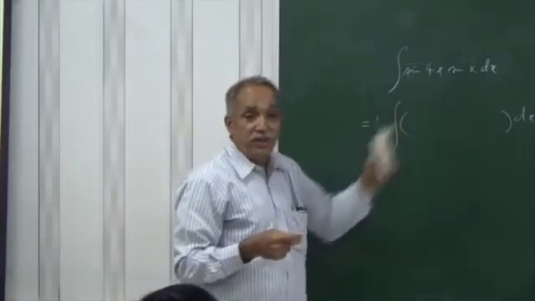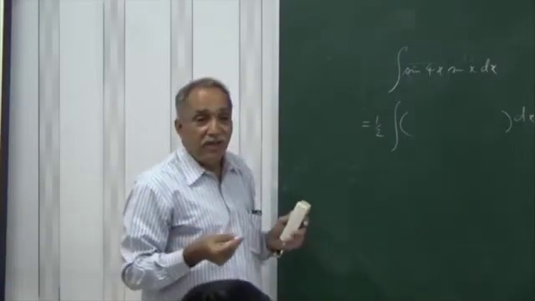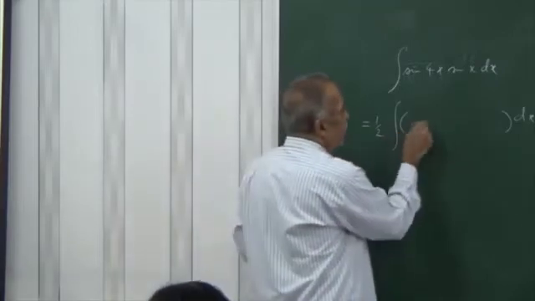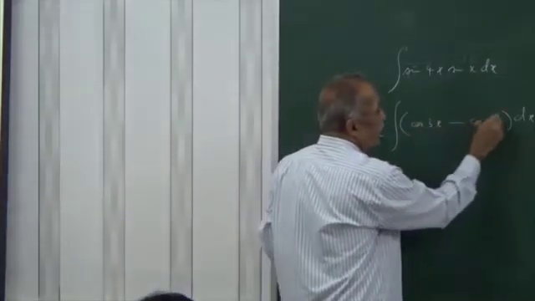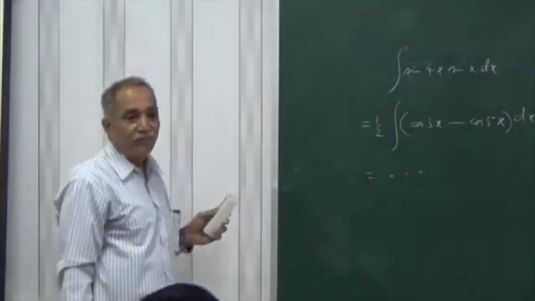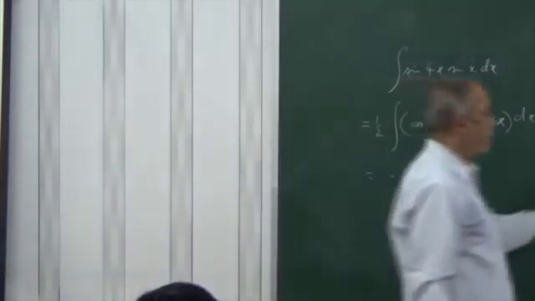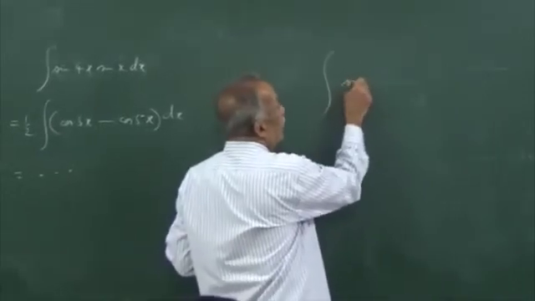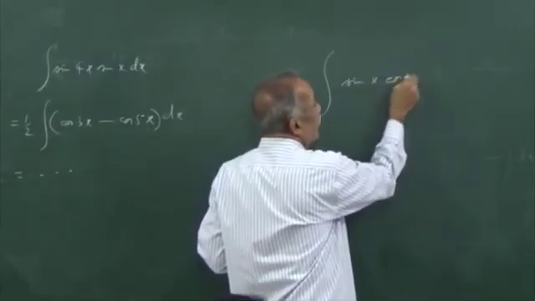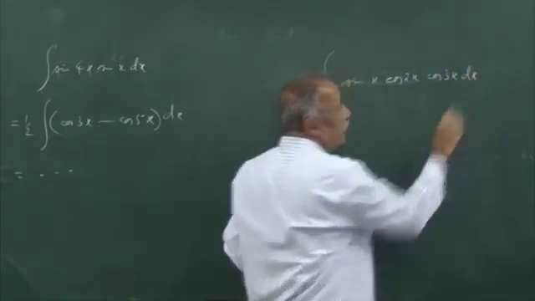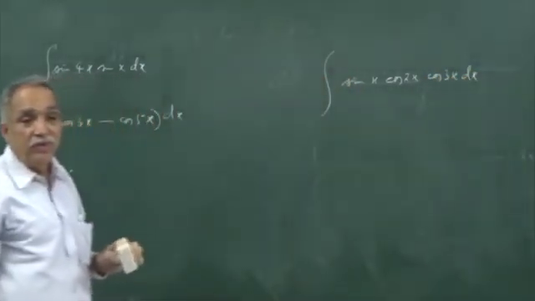To sin A sin B, what is the corresponding relevant? Cos 3x minus cos 5x. Okay. You have three factors now.